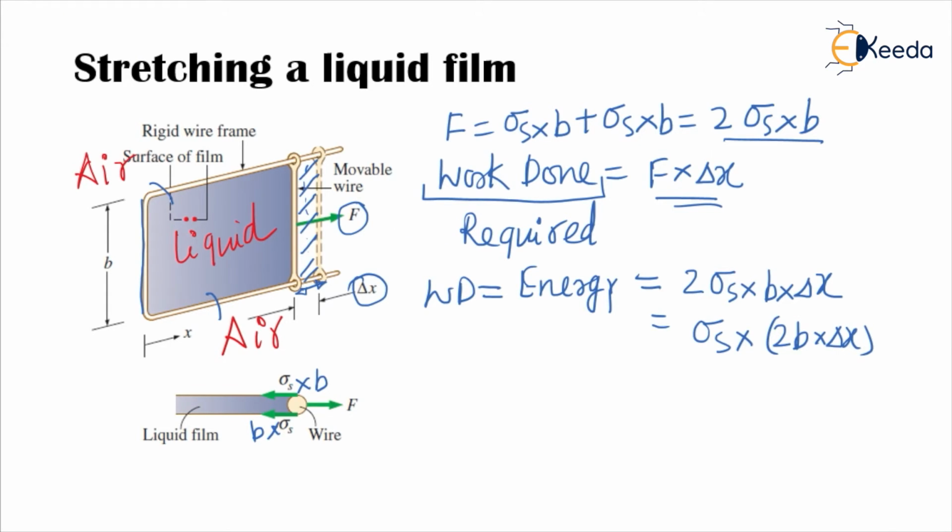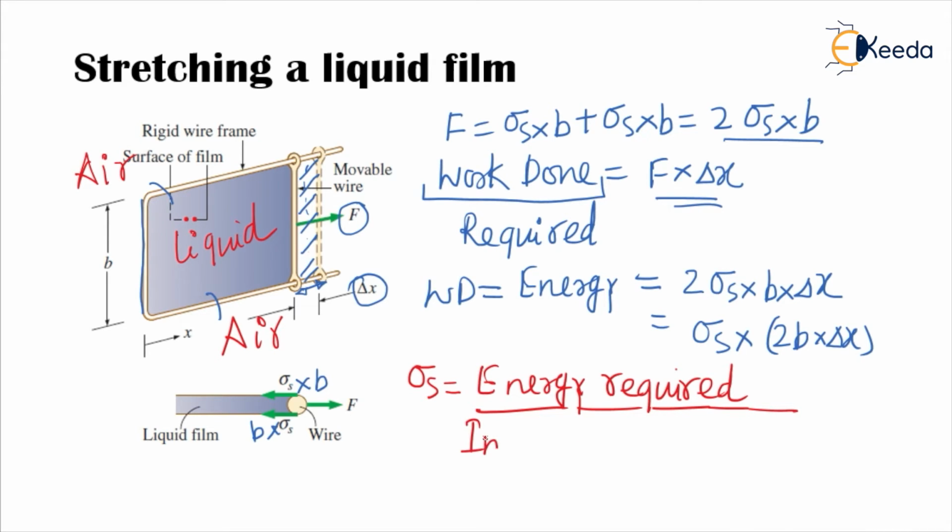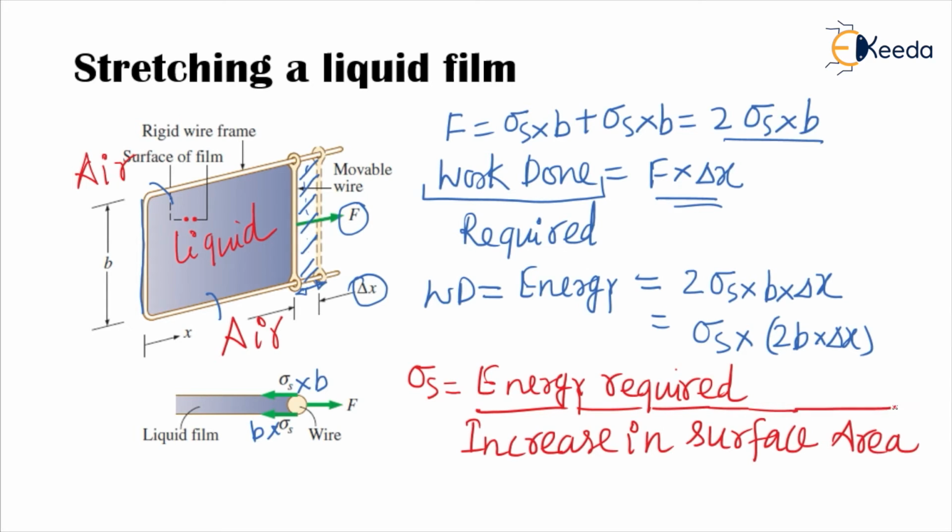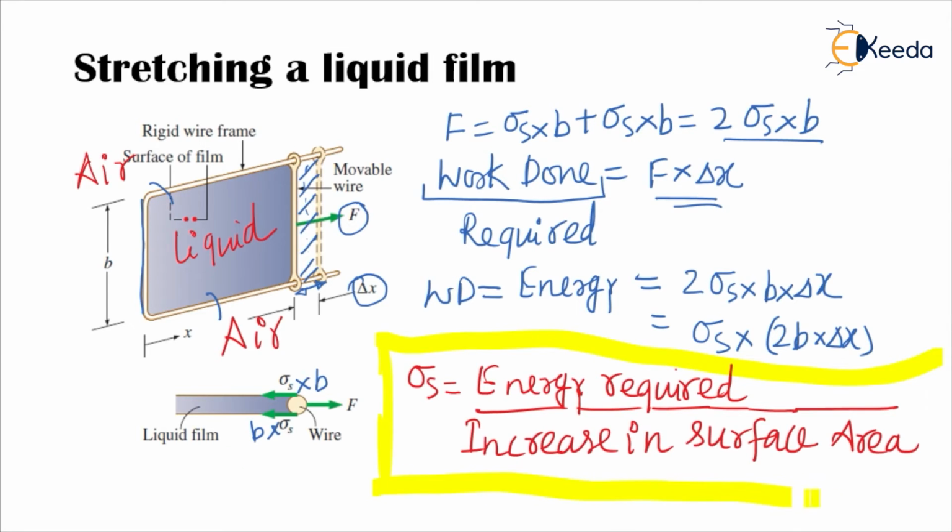So from here we can write that sigma s can also be expressed as energy required per unit increase in surface area. Remember this is a very important expression because surface tension can also be expressed in the form of this relation.